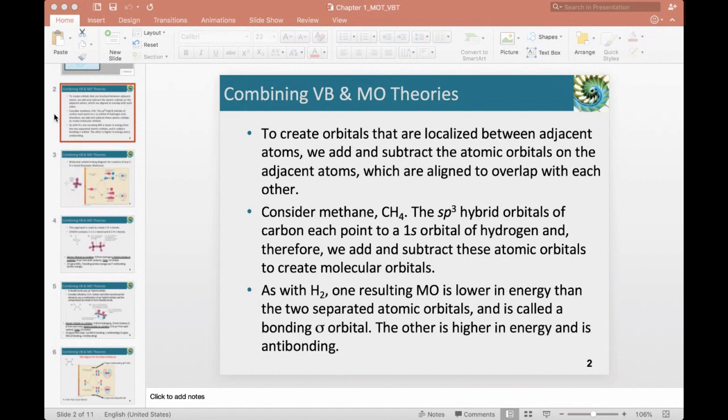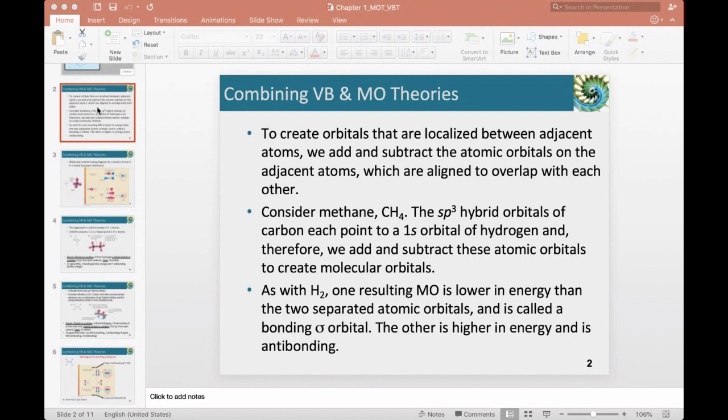What it means is that to build molecular orbitals, instead of using just atomic orbitals, we will use the orbitals that the atoms are using for bonding, according to valence bond theory.